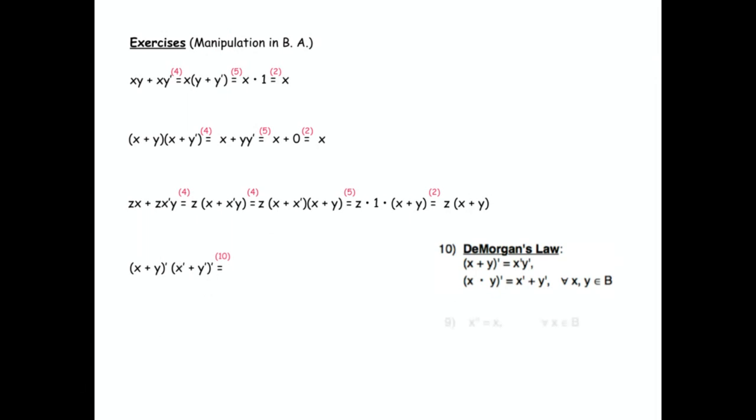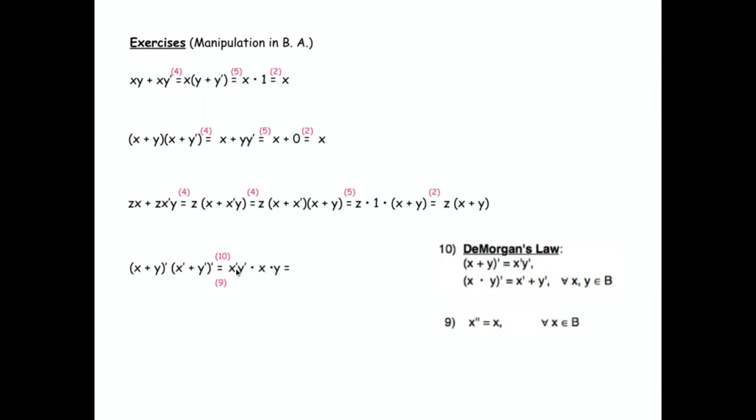Okay, so because of De Morgan's law, and because of the double complementarity property, the complement of x is the same as x itself. Because of those two properties, we can say x complement and y complement and x and y, right?